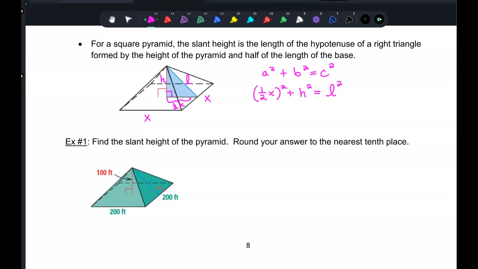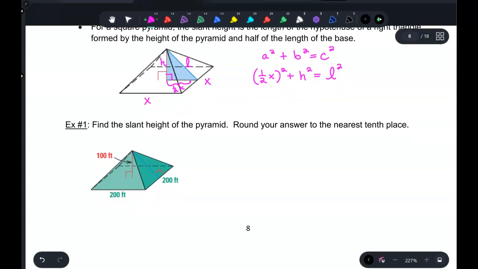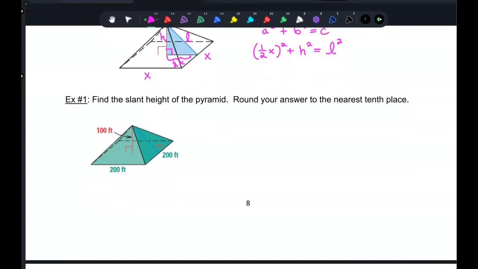You have to really kind of picture this three-dimensionally. Okay, so what we're going to do, we want to find the slant height of the pyramid. So I'm going to make a right triangle here.